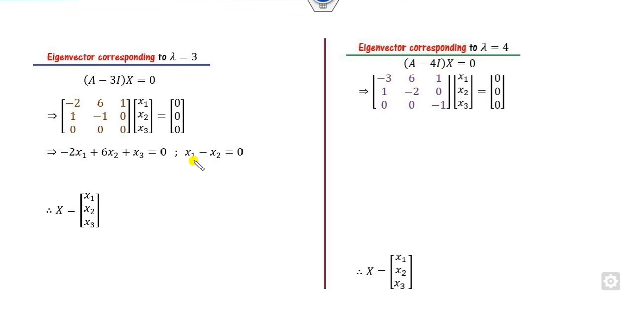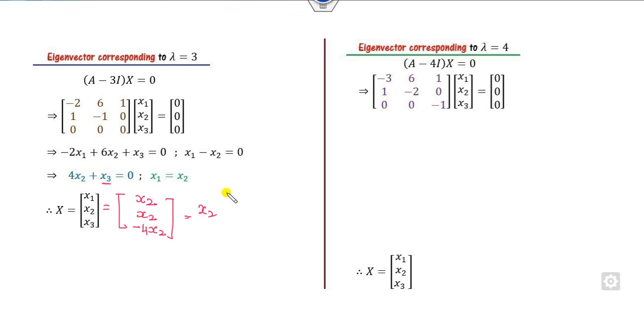So from this, we will get x1 as x2. If you substitute here, you will get 4x2 plus x3 is equal to 0. Now you can substitute this value. x1 is in terms of x2, x2 is x2, and x3 I can write as minus 4x2.